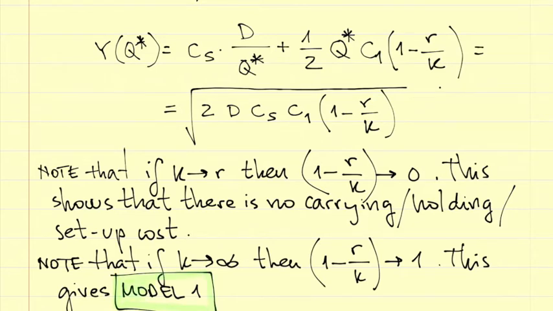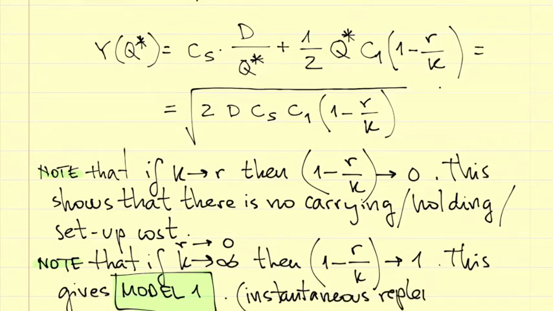So if the time it takes to replenish production is infinite, then we have instantaneous replenishment, so K tends to infinity, or R is 0, and then we have model number 1. Okay. Questions?